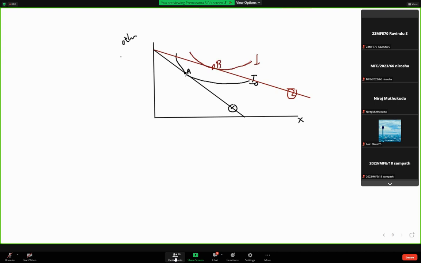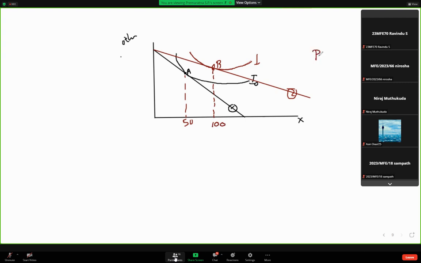Now here, A to B movement, let's say demand for X is 50. After the price reduces, let's say demand increases up to 100.